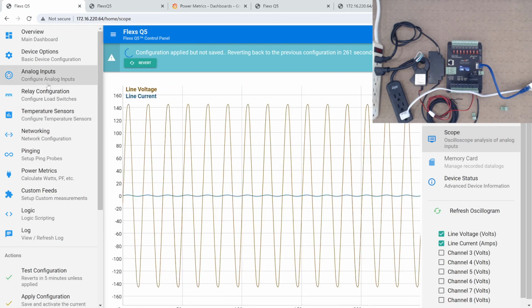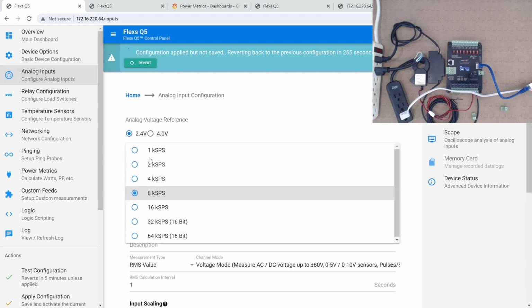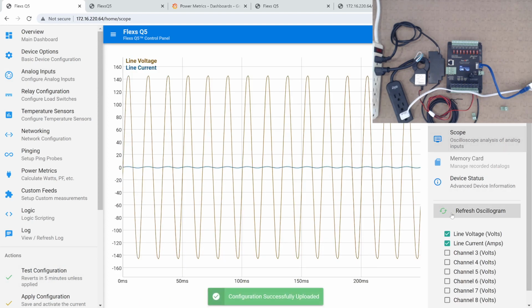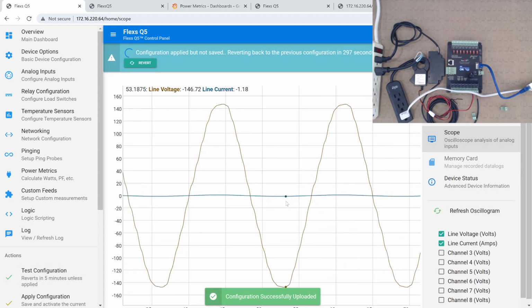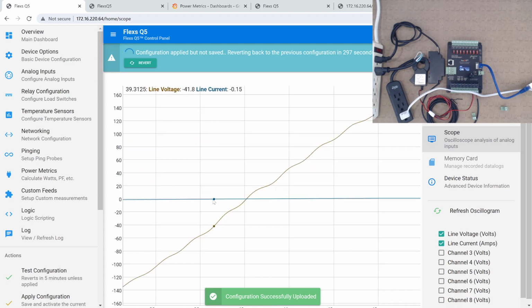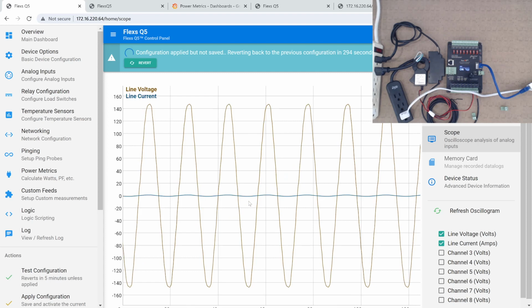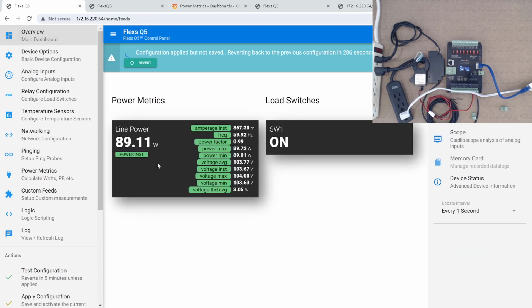And the analog inputs sample rate can be increased up to several very high rates, allowing additional accuracy. You can see there we've just increased it to 16,000 times a second. It's very useful functionality to be able to examine your power quality, and there's a lot you can do with this. That's all on energy metering I had to share.